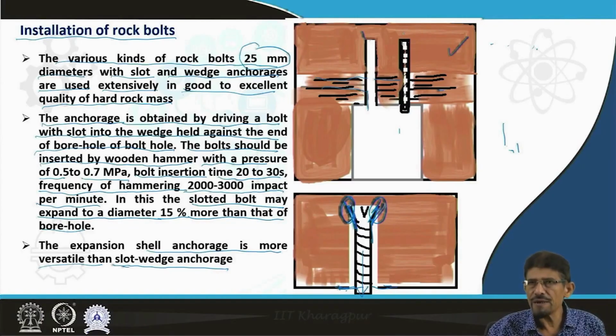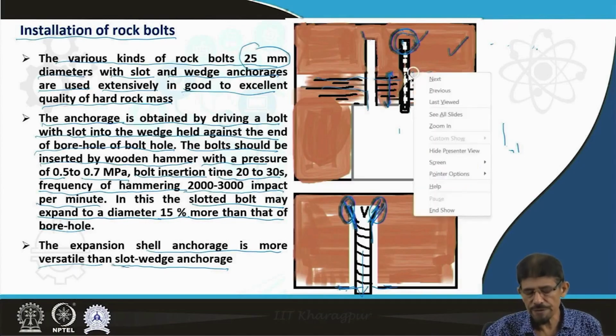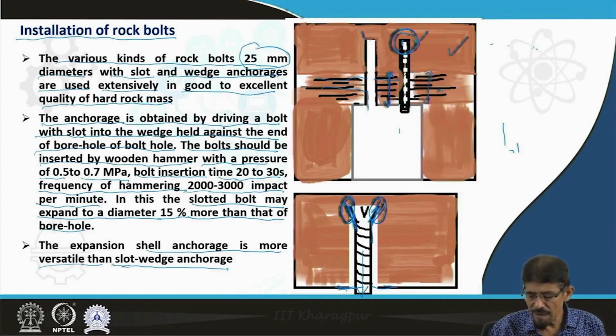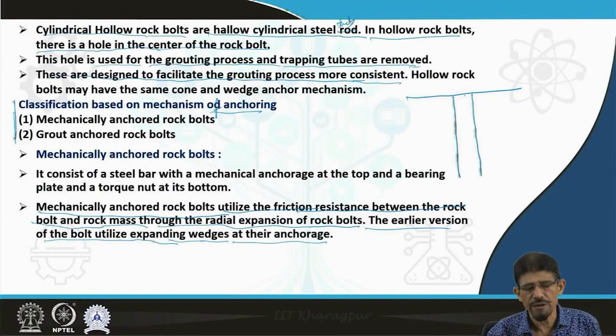For mechanically anchored rock bolts, we first define up to what extent there is thickness of the damage zone, meaning the extension of the damage zone which we are going to anchor. Next, the nature of the intact host zone where we are going to hang all the materials. And third, the pattern of the bolt. So you can see the frictional resistance acting here, that is responsible for mechanically anchored rock bolt.